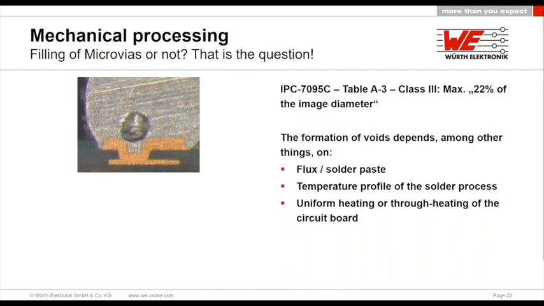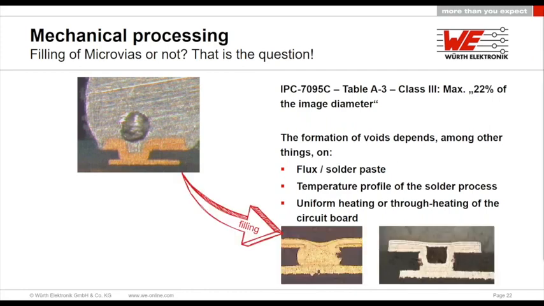We have a lot of customers, even in the automotive sector, for trucks and cars, where this is used in controllers for gearboxes and so on, with boards which have already run 20 years out in the field without any issues and still use standard microvias.